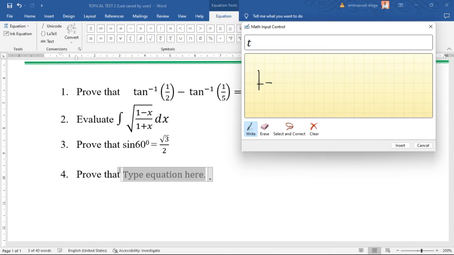Tan 3, so let's correct that. Let's clear that.